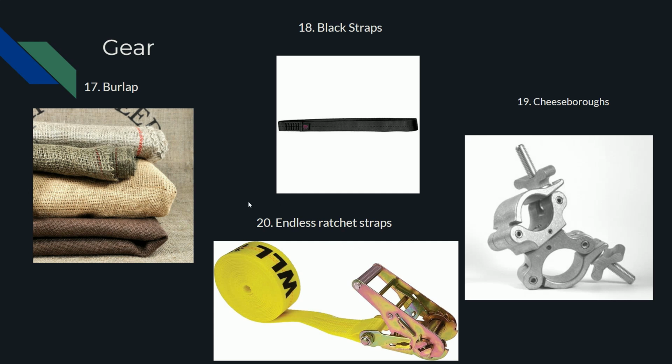All right, 20, endless ratchet strap. This is a monster of a piece of equipment that can hold a significant amount of weight. One of these could hold a Titanic if it wanted to. Probably not, but it can hold a lot of weight. Now, this thing is to basically secure the truss cart.